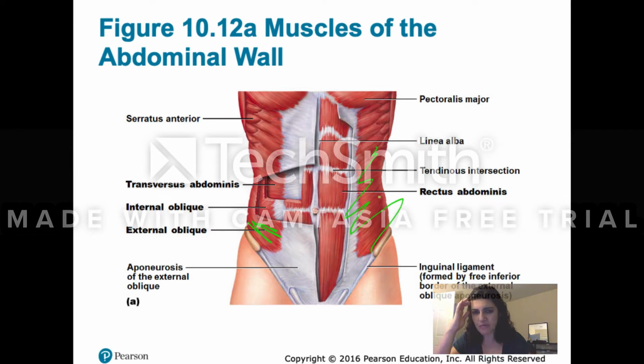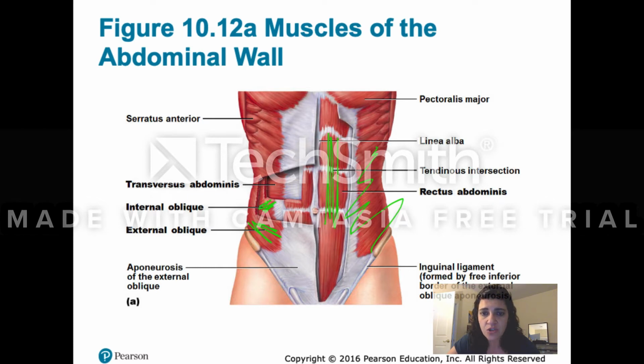You also have the rectus abdominis, which is this one. It is the muscle that, when really strong, is what shows in people as the six packs, right? And this muscle is deeper to the external oblique, but it is in the same plane as the internal oblique.